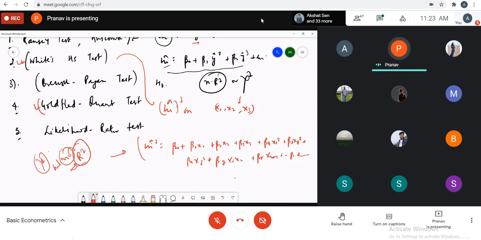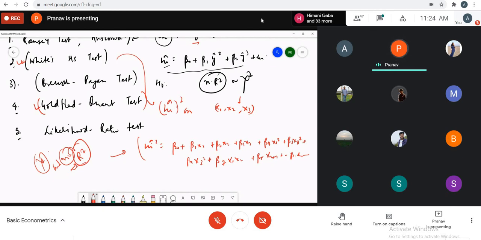Let us talk about the Goldfeld-Quandt test. This test is valid when you have smaller samples, like the examples that we had just talked about. It divides the entire observations into two groups, one based on smaller values of x's, and one based on larger values of x's. Then you calculate and compare the variances of these two groups.